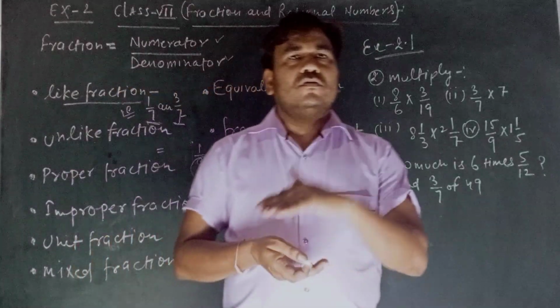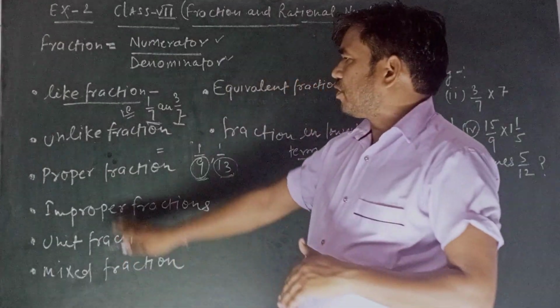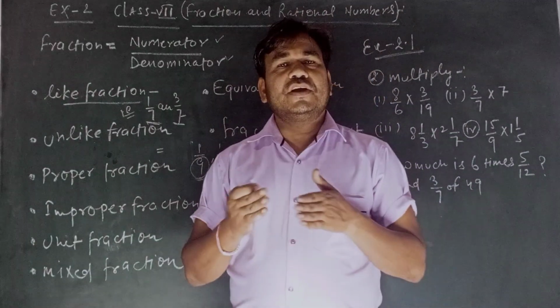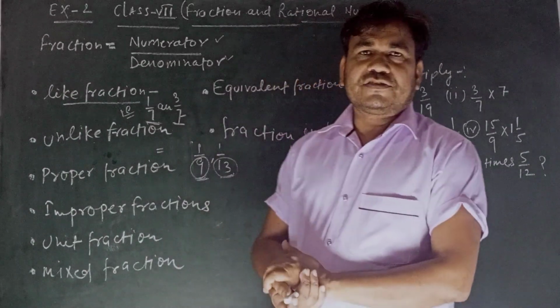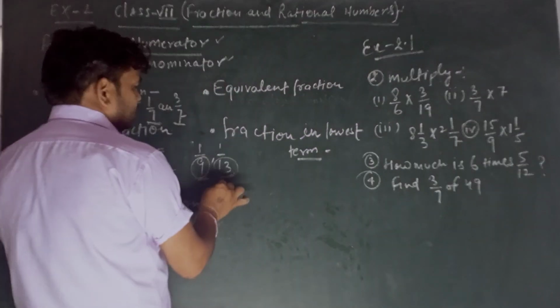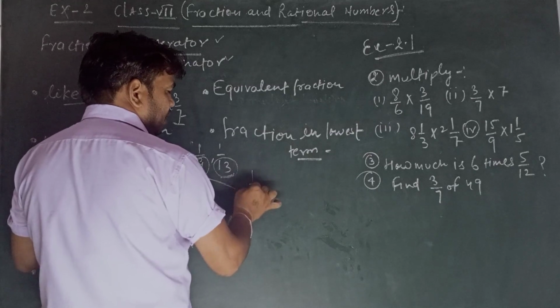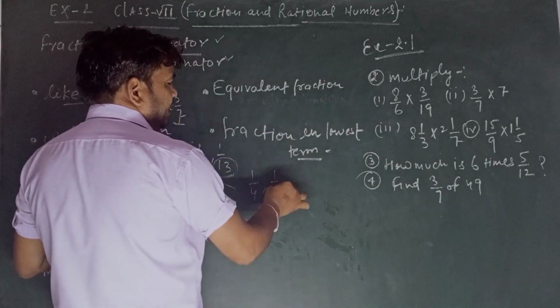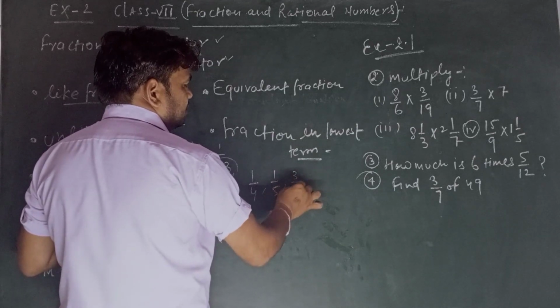And now we see the proper fraction. In a proper fraction, the numerator is always less than the denominator. As you see, 1 over 4, 1 over 5 and 3 over 6.